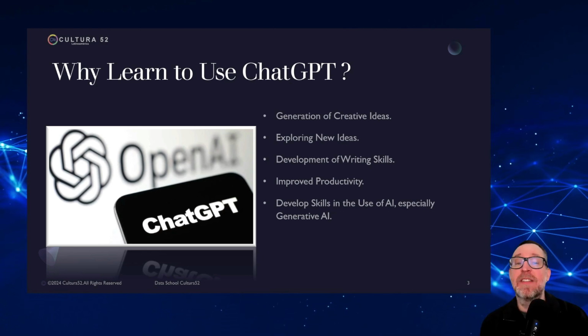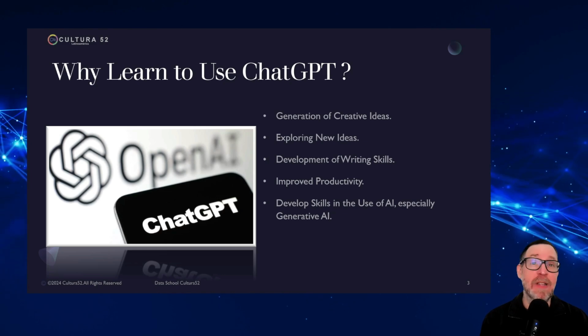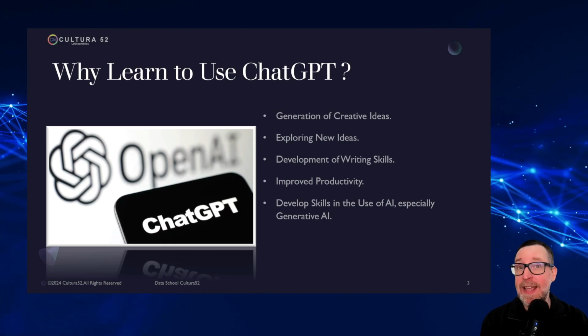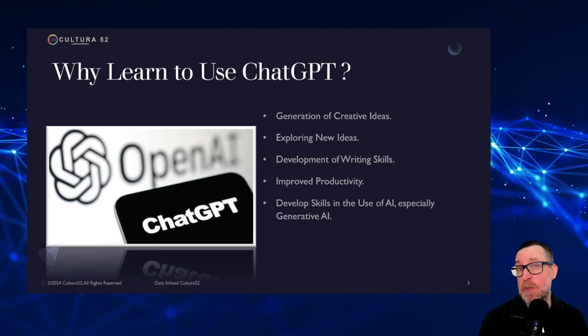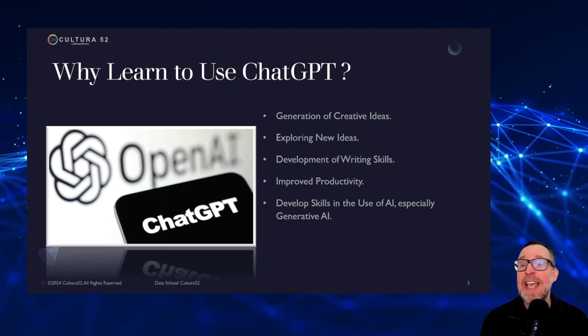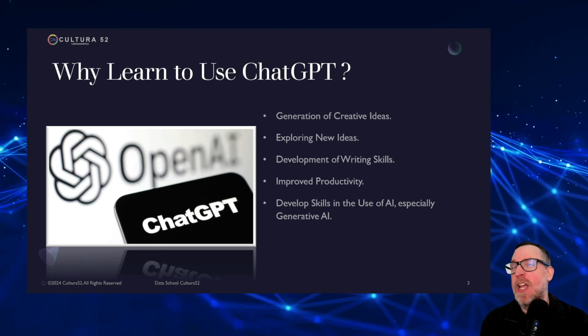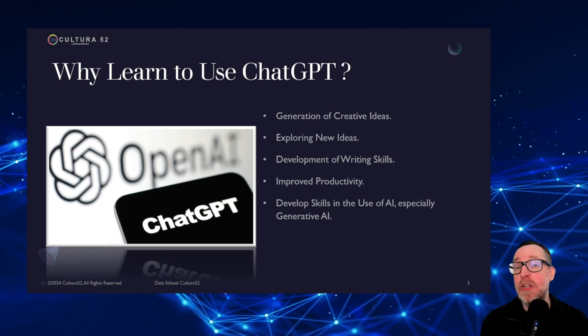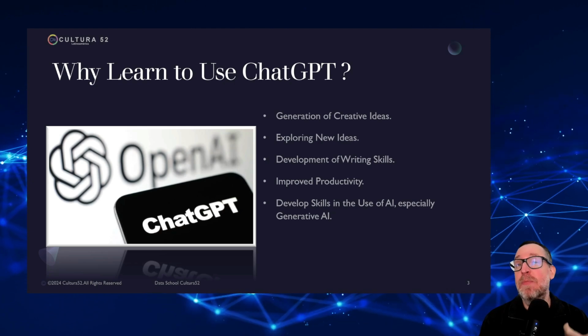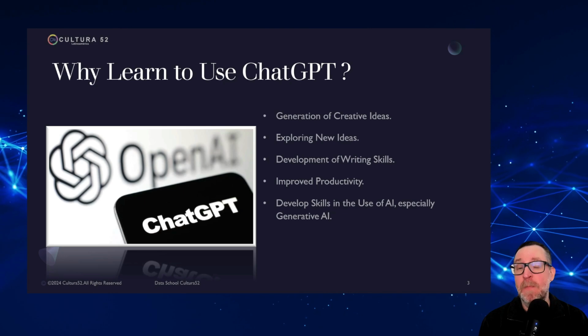It's also going to help us develop our writing skills. If we like writing, if we want to get good at writing, it's going to help us improve. There are different ways, which we're going to discover during this course, in which we can ask ChatGPT to give us a hand, to help us change our styles, to help us explore new styles, and that is going to improve how we write.